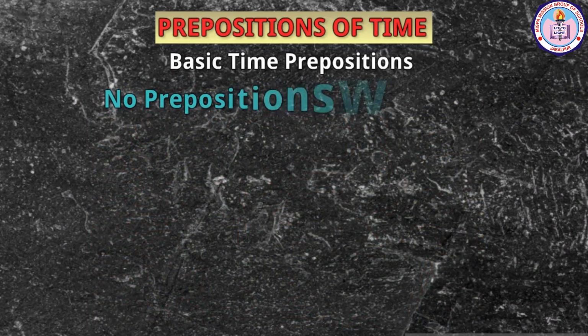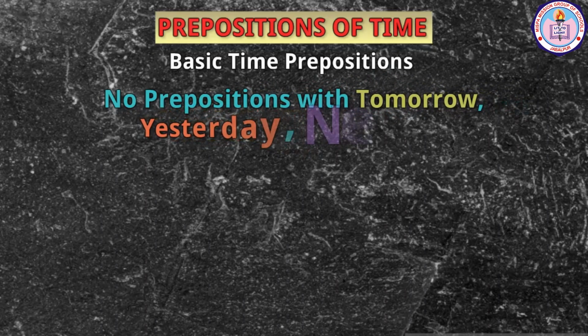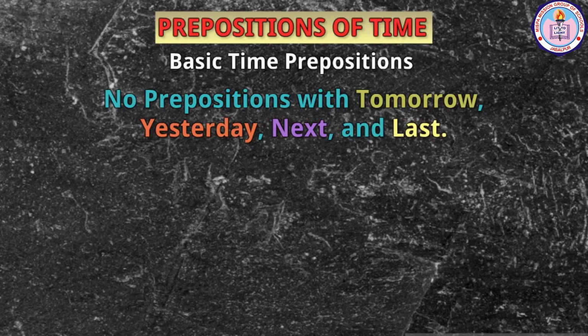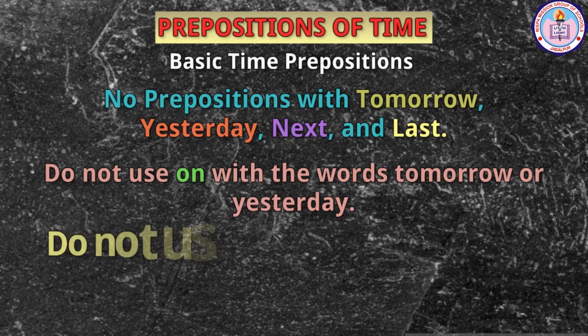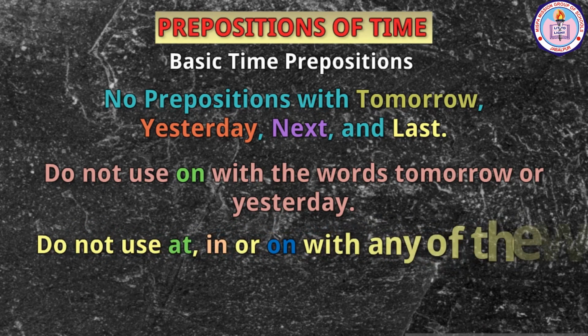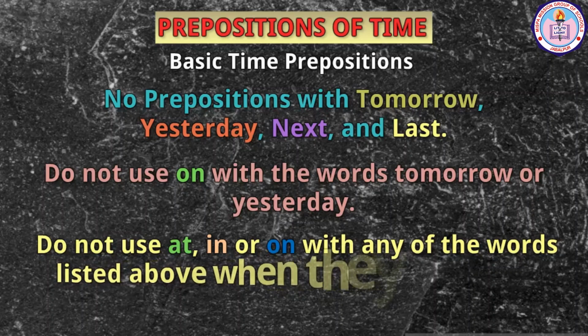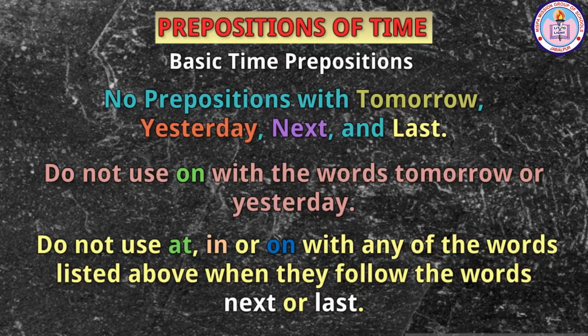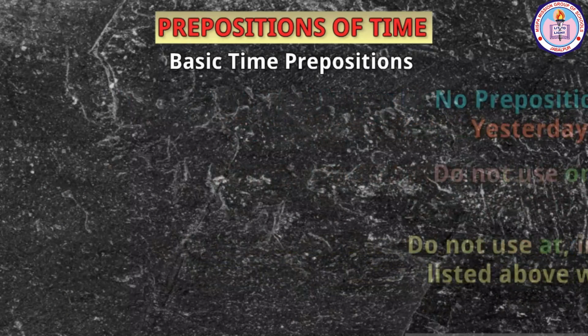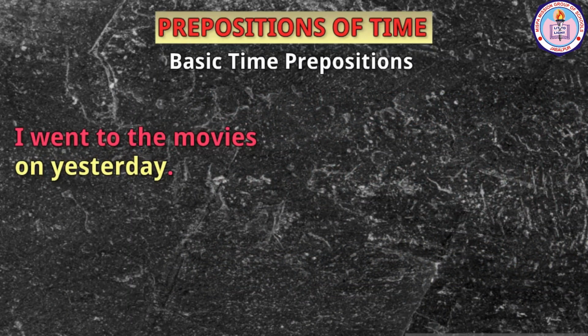No prepositions with tomorrow, yesterday, next, and last. Do not use on with the words tomorrow or yesterday. Similarly, do not use at, in, or on with any of the words listed above when they follow the words next or last. Examples. I went to the movies on yesterday.